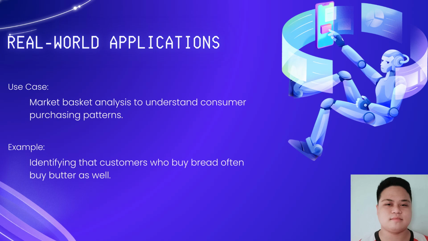For example, by analyzing transactional data from a grocery store, the Apriori algorithm can identify common item sets, such as customers who frequently purchase bread and milk together. This insight allows businesses to optimize product placement, promotions, and inventory management strategies to enhance customer satisfaction and increase sales.